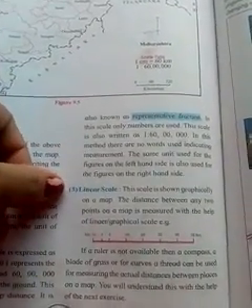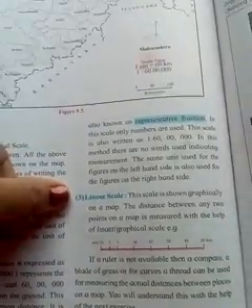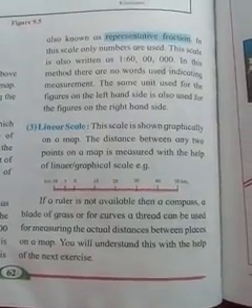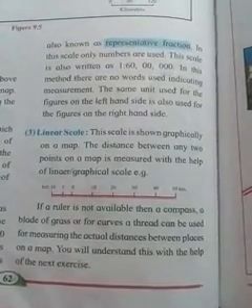Then linear scale. The third type of scale is the linear scale. The scale is shown graphically on the map.